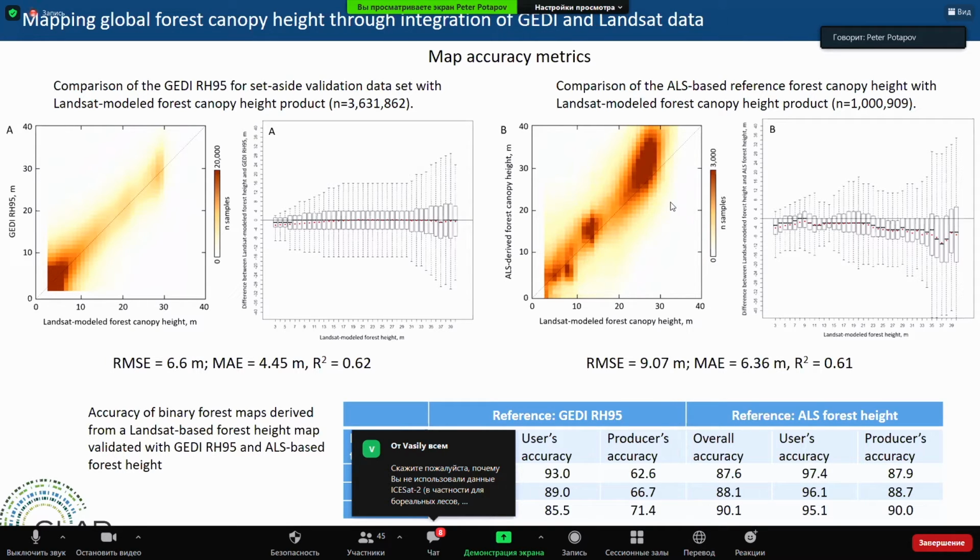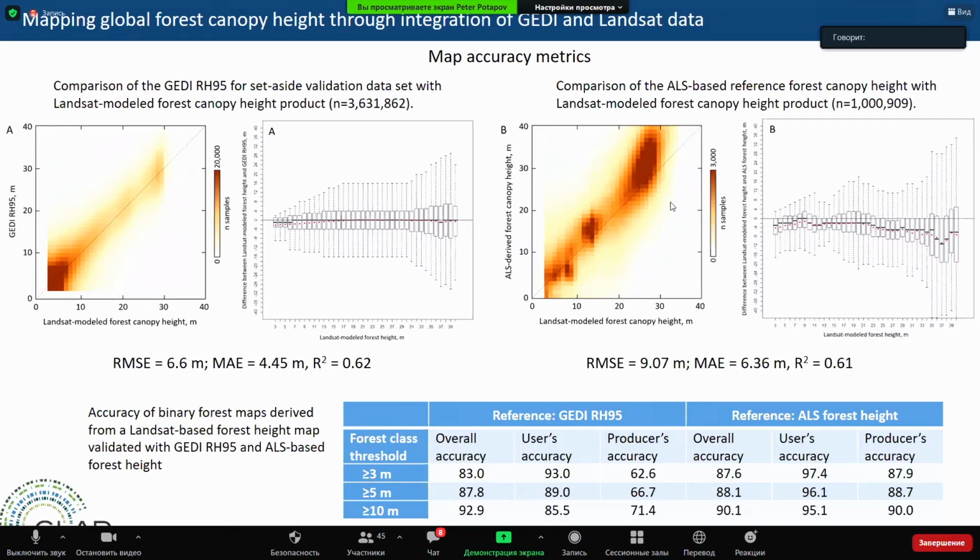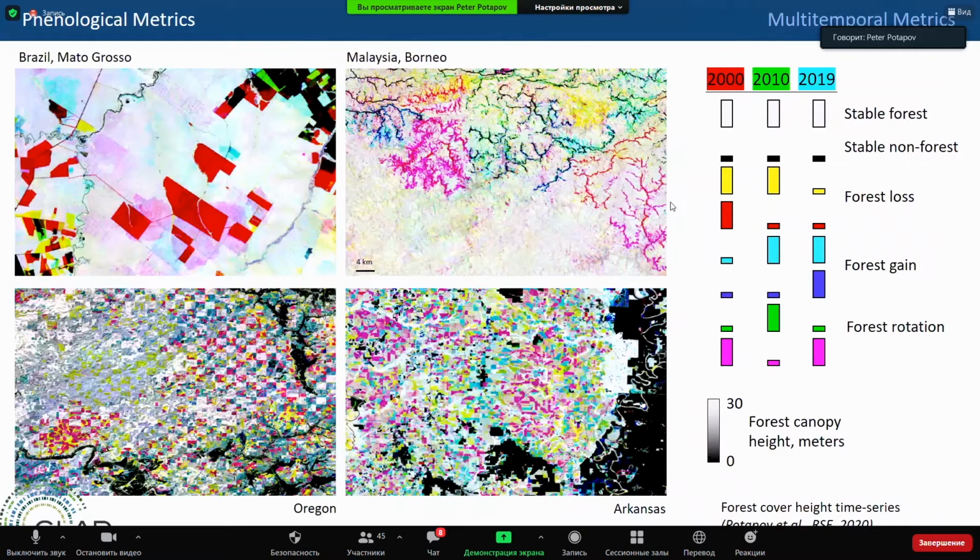In this table, you can see the accuracy of forest maps that are produced using various height accuracy criteria. And we are comparing that to the GEDI validation data and the aircraft LiDAR data. We can also use this model in time, and we can apply it to different years.